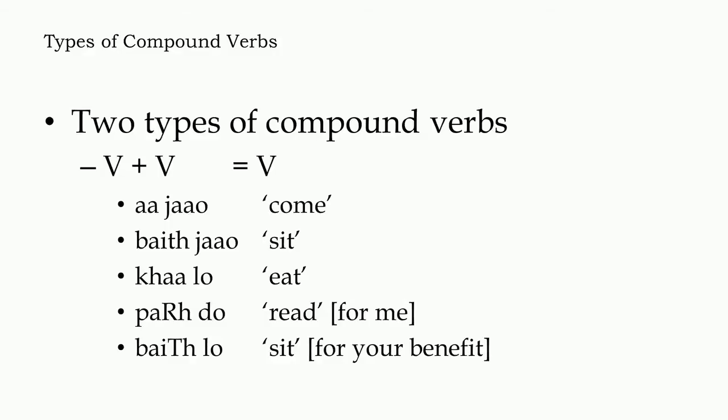What we are trying to say is that in a construction like aa jao, the meaning of the total compound comes from V1, that is ana. So the total meaning of the verb is come, and the V2, which is jao, adds only some shade to this meaning, and I'll describe what I mean by that shade in a moment.